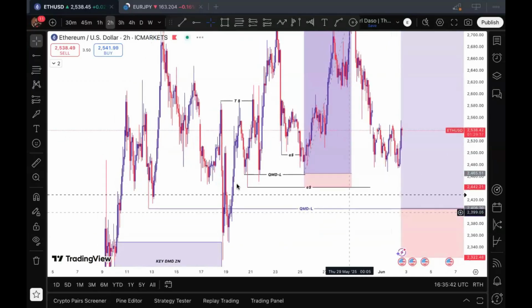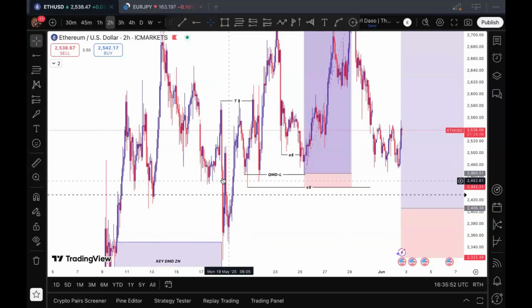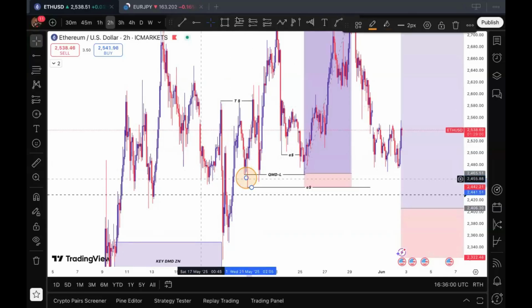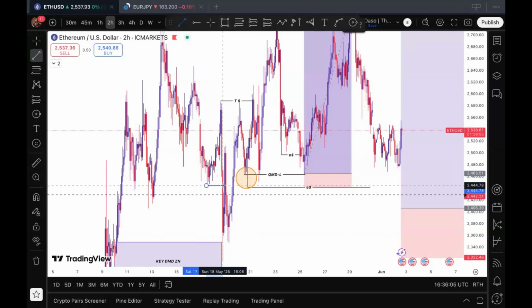So we can see that price has given us structure, and this structure here took out this one here, which is the break of structure. Can you see that?